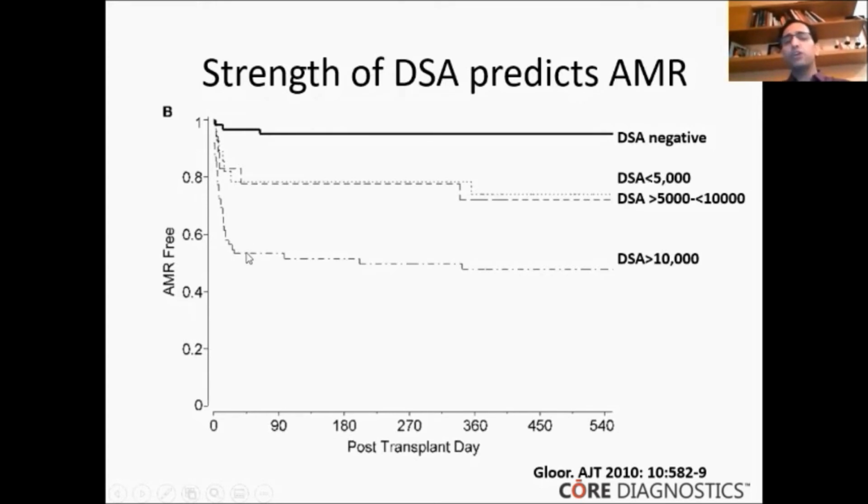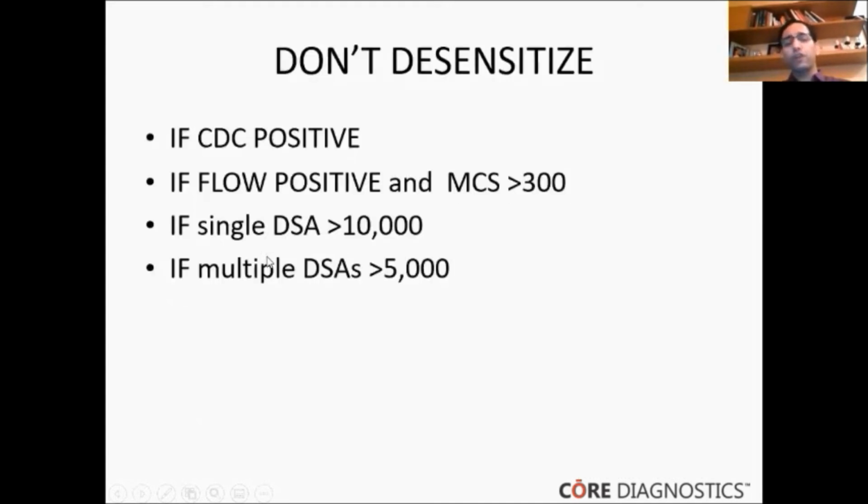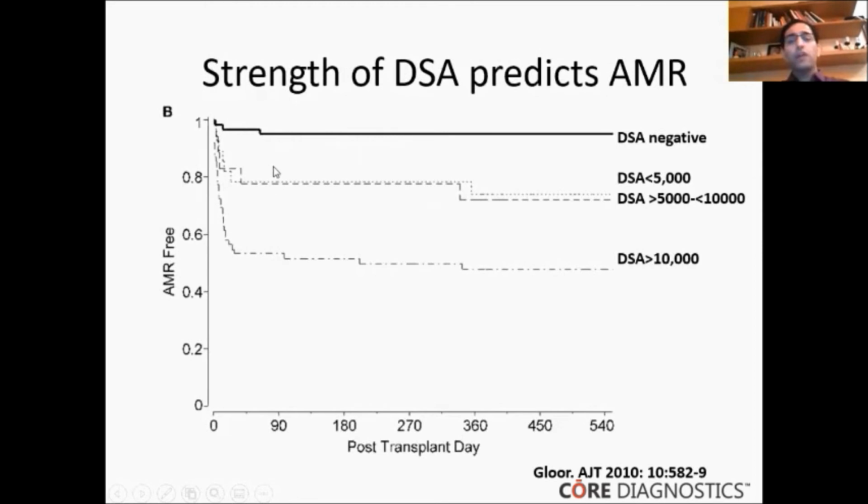That's the majority of your antibody rejections, and you're going to have about 40 to 50% of those. If your donor-specific antibody is between 5 and 10,000 or less than 5,000, in this study it seemed about the same, with 20% rejections. And again, the majority of them are going to be within the first 3 months. If your donor-specific antibody is negative, you have barely any antibody rejections at all.